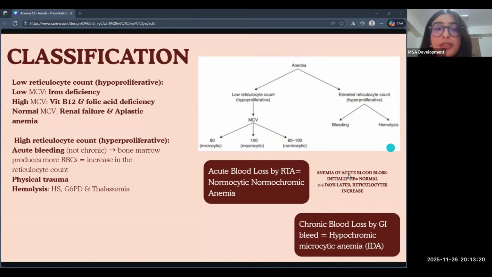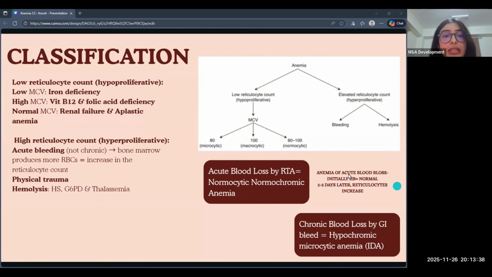Now, one thing I want you to remember is in anemia of acute blood loss, initially the hemoglobin is normal. Why? Because there's no problem in the bone marrow, there's no problem in the person itself or any nutritional deficiencies. It's just that he's bleeding out, right? So initially the HB will be normal.